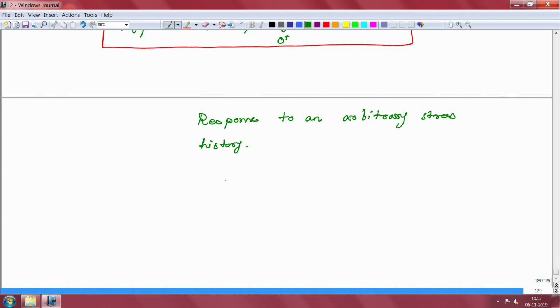So, here the question is flipped. You have been provided, let us say, the stress as a function of time, and the question you are trying to ask is what is the strain at the current time. That is the question.